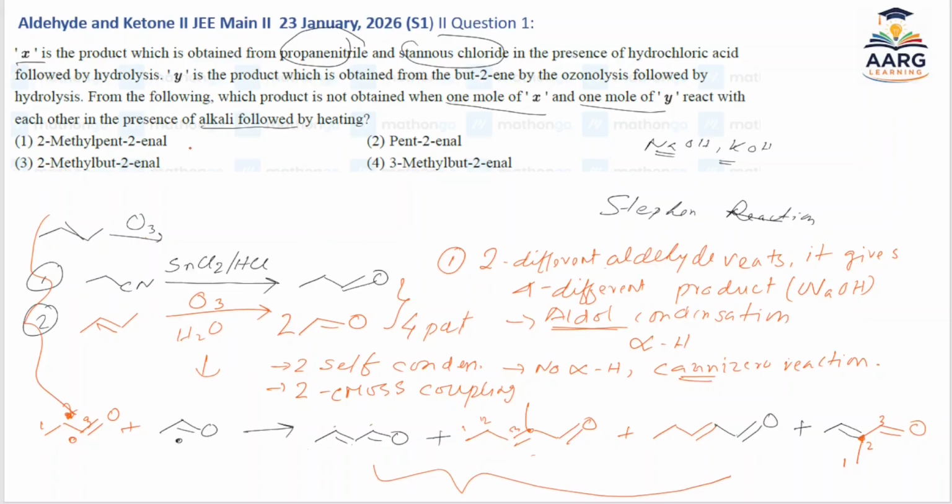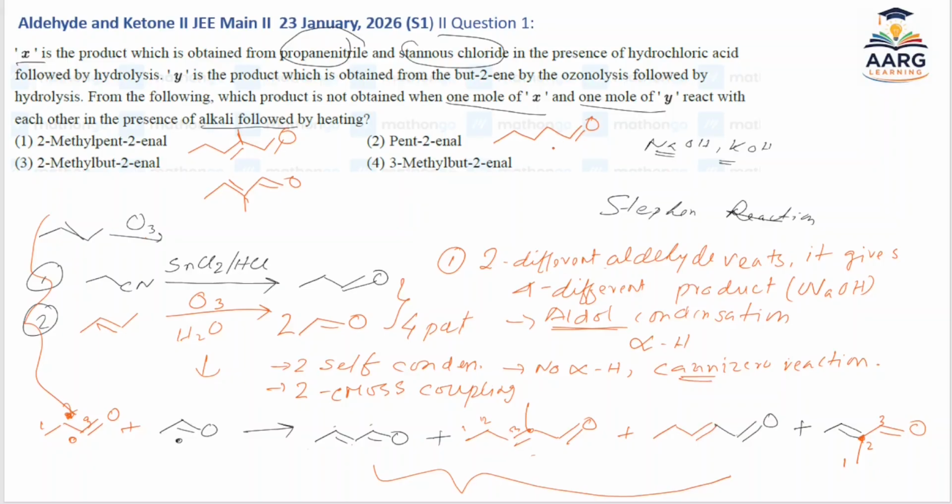So here I will write the structures. 2-methyl pentenal. First I will write pentenal, and 2-methyl means here is the 2-methyl. And the second is 2-methyl butenal. So butenal I will write. This is butenal, and 2-methyl 2-butenal, and pentenal 1, 2, 3, 4, 5.